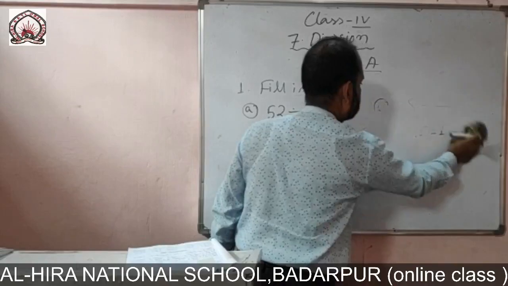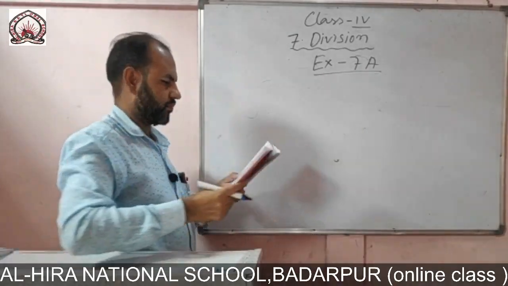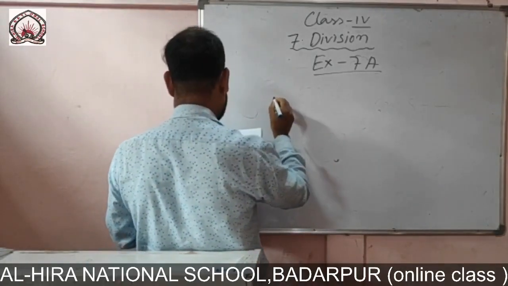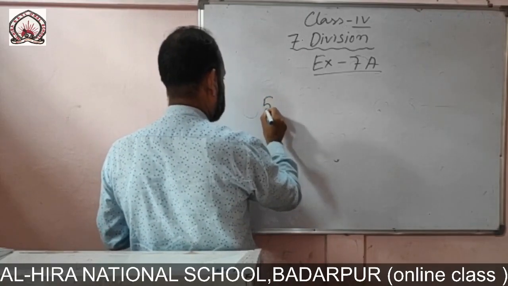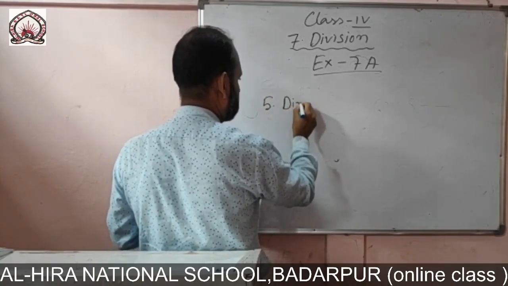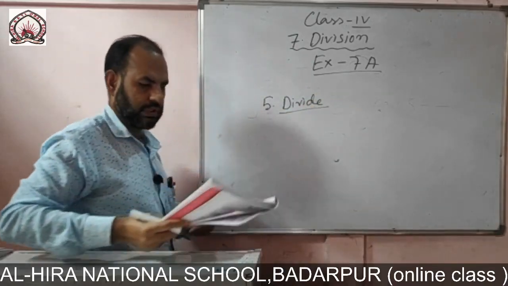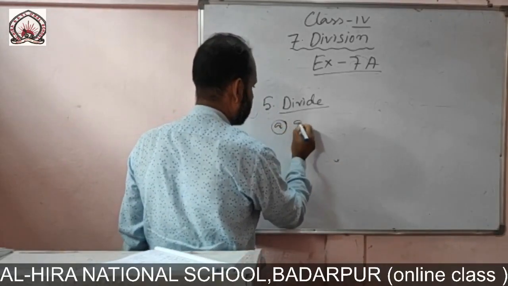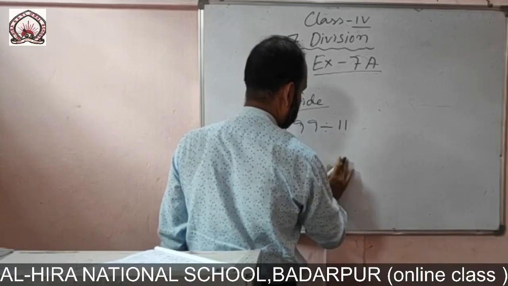Next, question number 5. Divide. Number A, 99 divide 11.